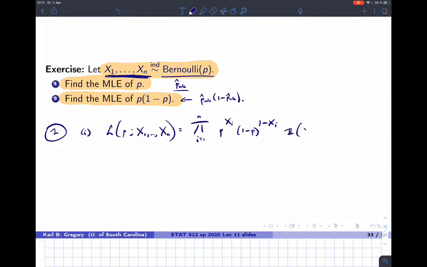And I could, if I wanted, keep track of the support. So this is for the xi's equal to either 0 or 1, but I'm going to suppress these indicator functions. Simplifying this, this product can go up as a sum here and as a sum here. So I get p raised to the sum of the xi's, 1 minus p raised to the sum of the 1 minus xi's.